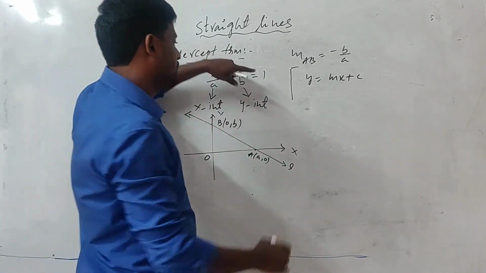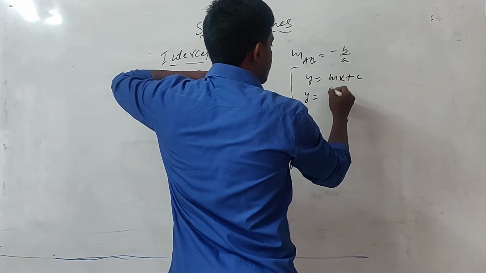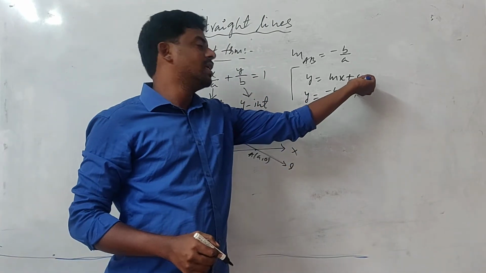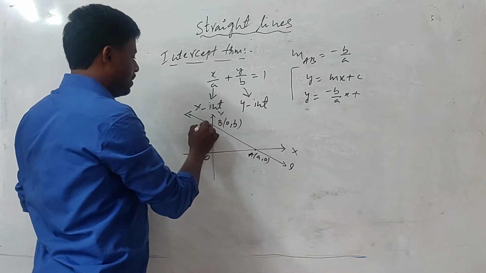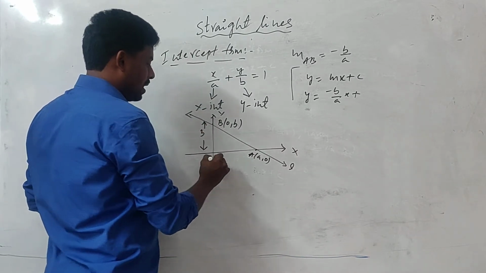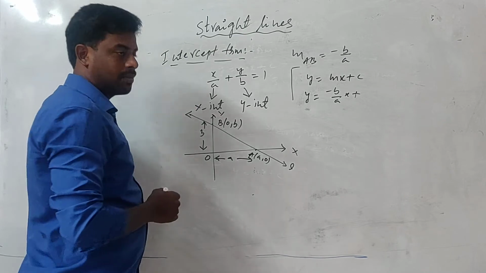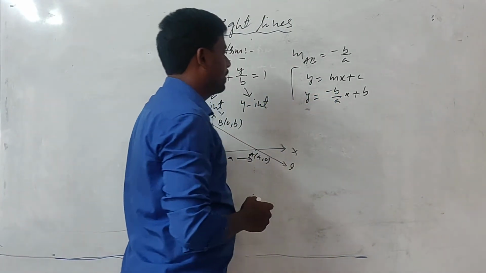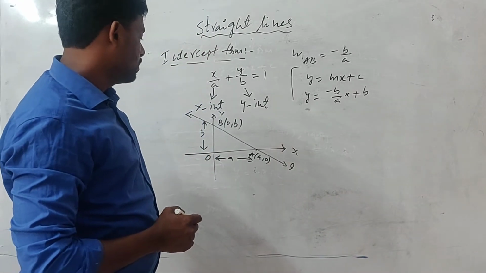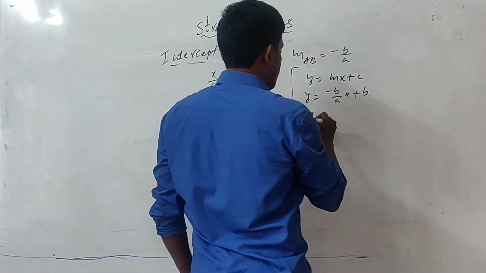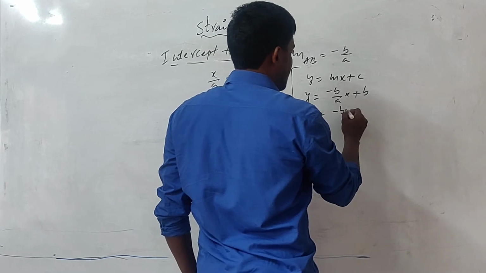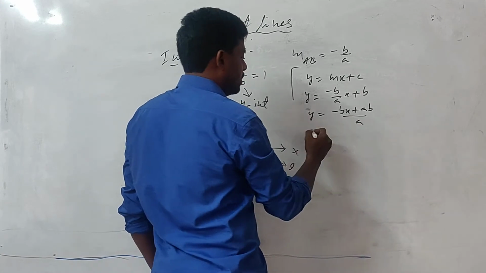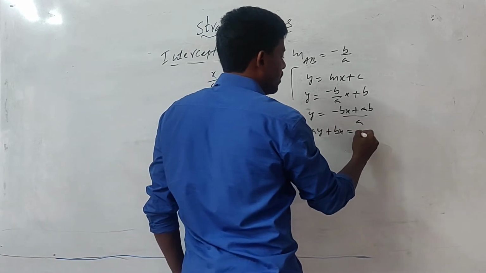By using this formula, if you put the values, y equal to m value, minus b by a, into x plus c, where c is the y intercept, that is b. x intercept is a, y intercept is b. Instead of c, if you put the b value, then you will get y equal to minus bx plus ab by a. Bring this a value to this side: ay plus bx is equal to ab.